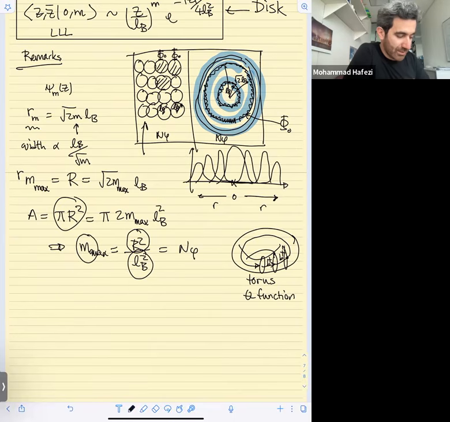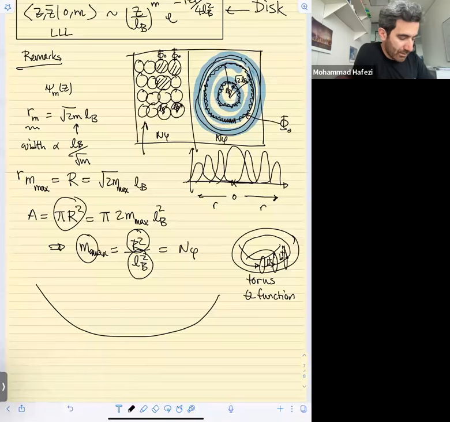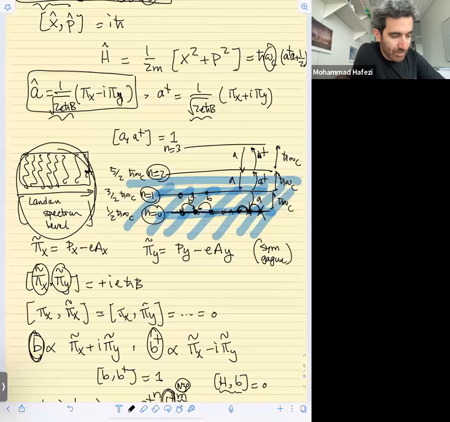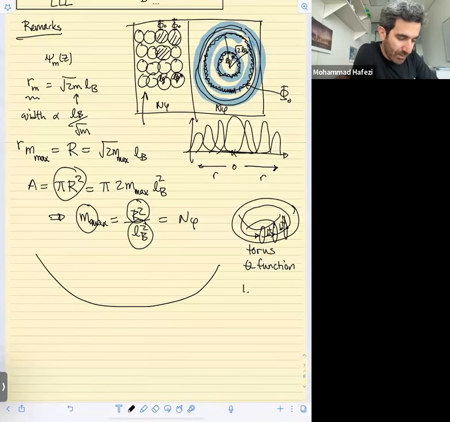Now, if I put the system in a confining potential, a harmonic trap that is very, very shallow, then you remember that in the absence of confinement, I had N phi degeneracy for each of these Landau levels. Now I put it in a harmonic trap, V(r) proportional to r squared.